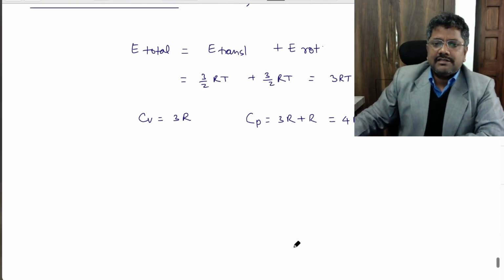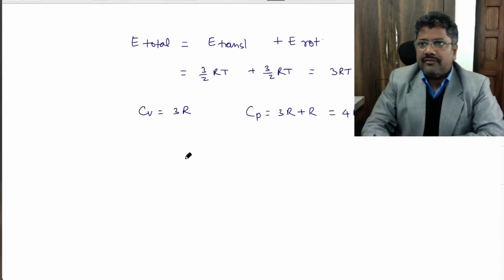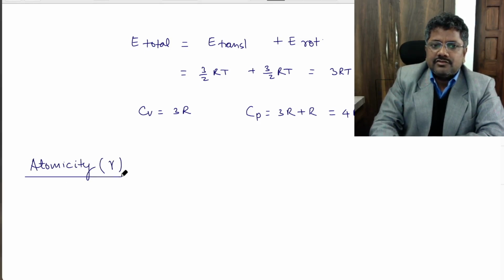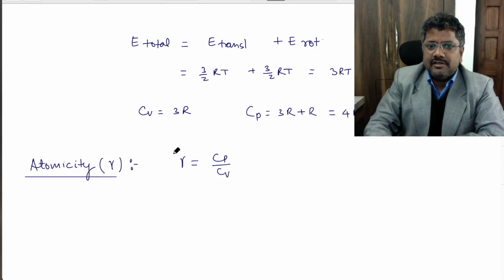Now there is one more formula we have, that is atomicity. It is represented by gamma, right? So atomicity is defined as gamma is equal to Cp by Cv, right?